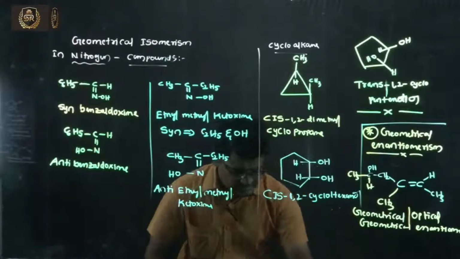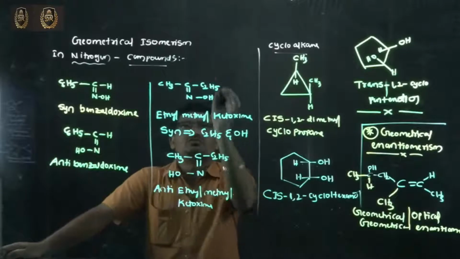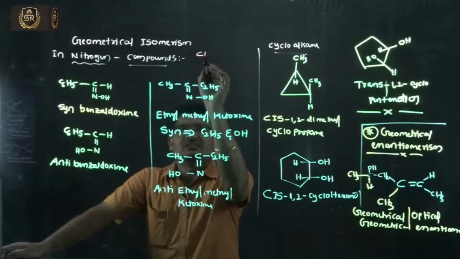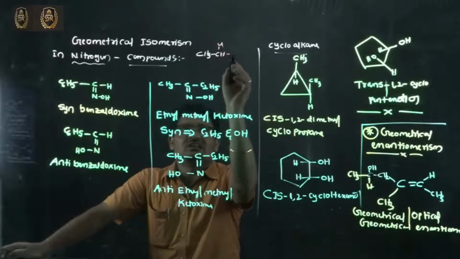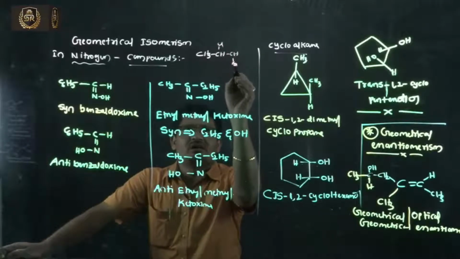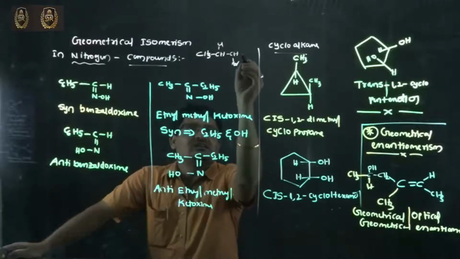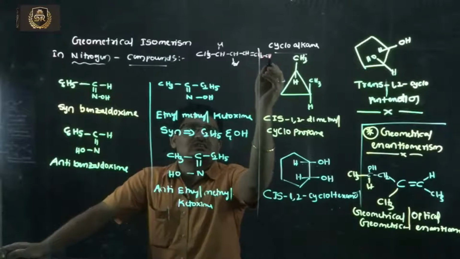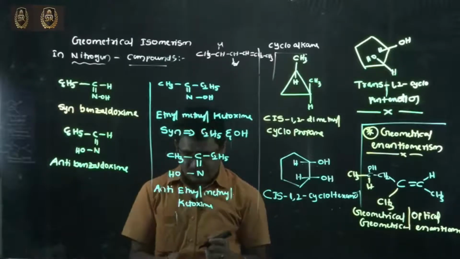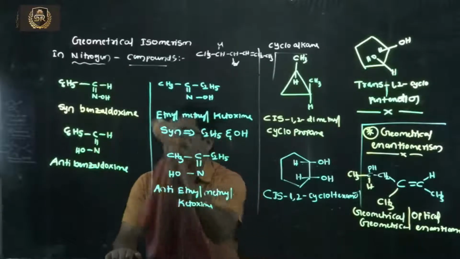Now one more example of geometrical and optical isomers. This one also forms geometrical and optical isomerism: CH3, CHCl, CHBr, and then CH double bond CH2, CH3. This type of example also shows geometrical as well as optical isomerism.